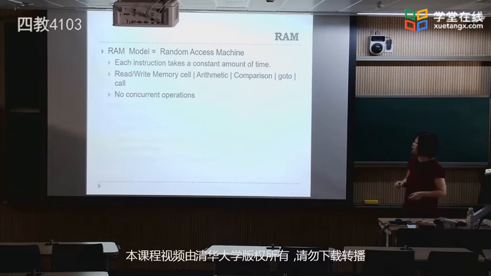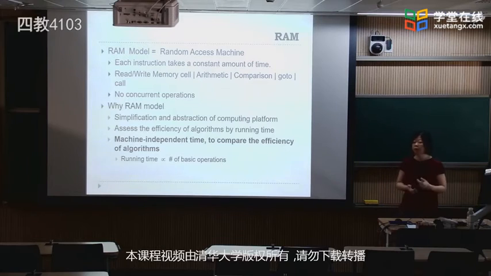In this model, each instruction takes a constant amount of time. For example, in this model, read-write memory cell, arithmetic operations, comparison operations, go-to operation, and so on, they all take a constant amount of time and no concurrent operations. We use the RAM model to measure the running time as the number of basic operations.